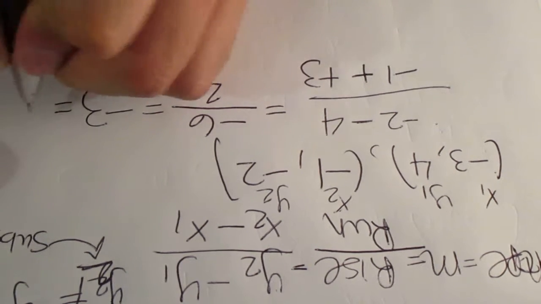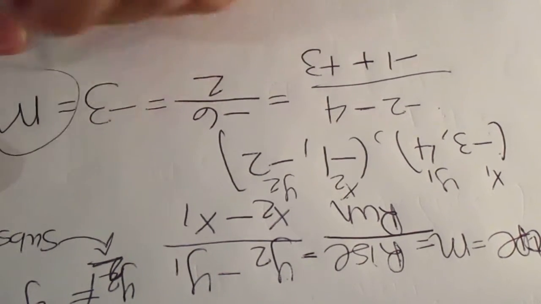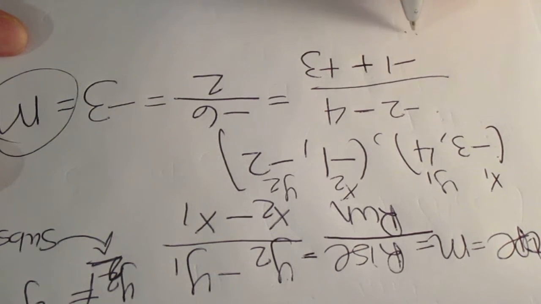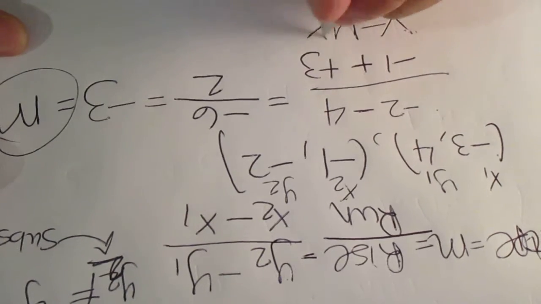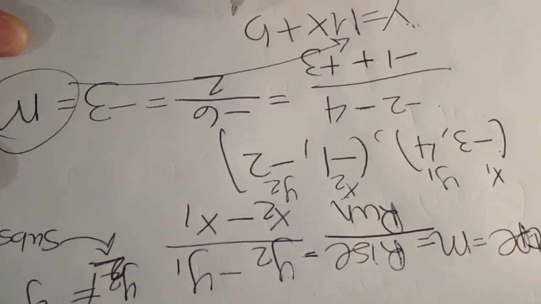So that gives us our m, right? But we're not done. We only found the m. We want to find the linear equation. We have y equals mx plus b. We found the m, and we've got to find the b.